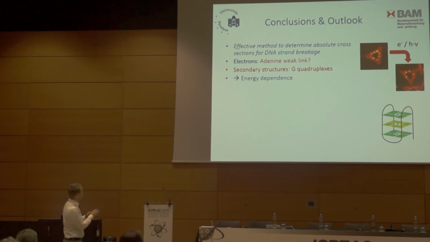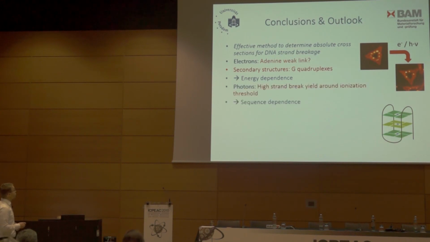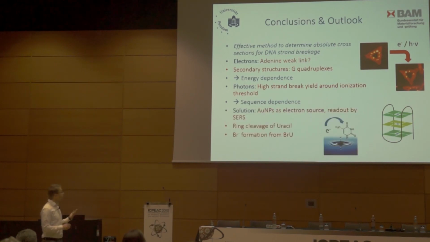Then we want to study these processes at different electron energies, so this has to be done. We also studied the interaction with photons around the ionization threshold of nucleobases, and here we want to continue the study of different sequences. And we performed a proof-of-principle experiment in aqueous solution using gold nanoparticles as a source for low-energy electrons, with detection of the formed products by surface-enhanced Raman spectroscopy.